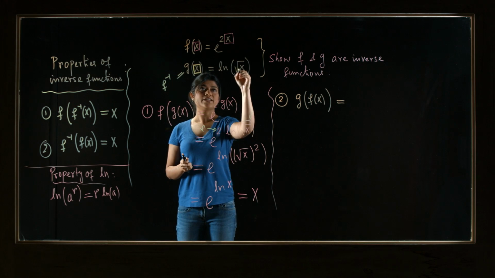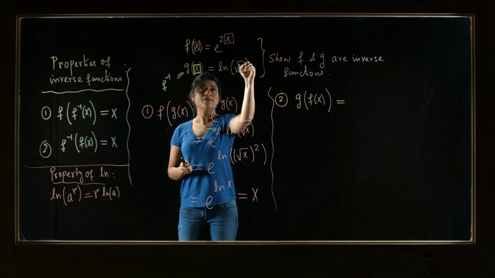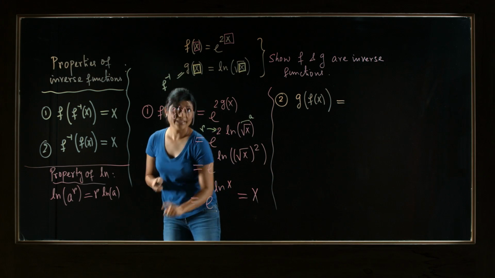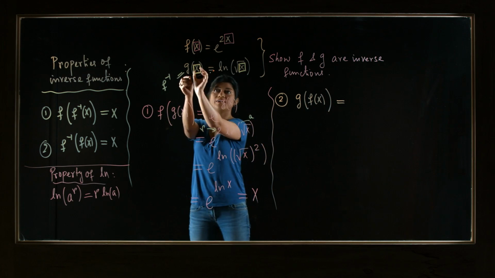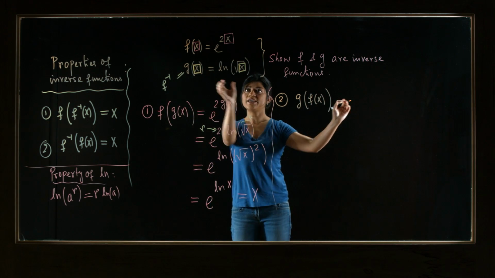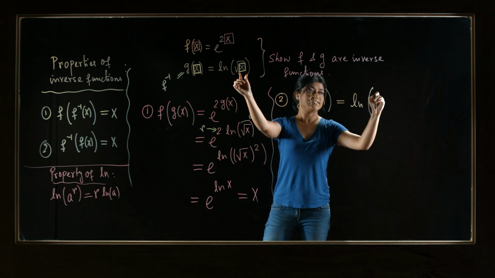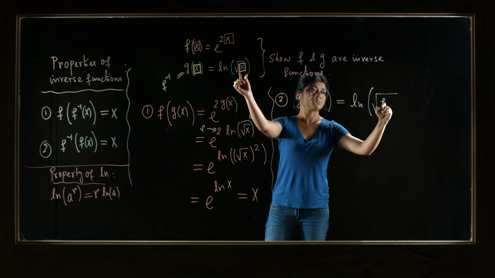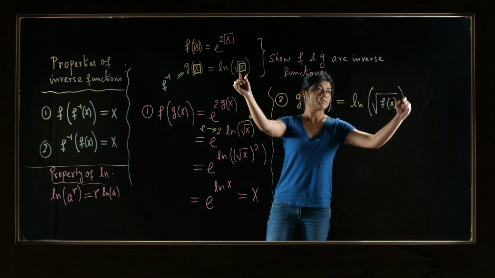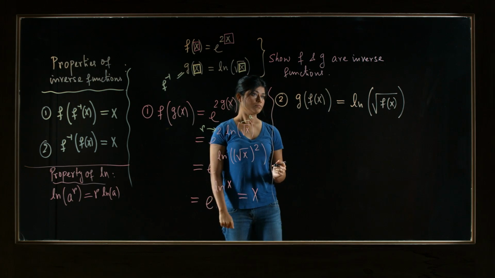Now in that empty box, you're plugging in f of x. So on the right hand side, you'll be plugging in f of x inside the square root, because that's where the box is.